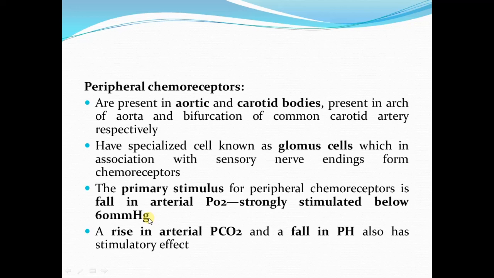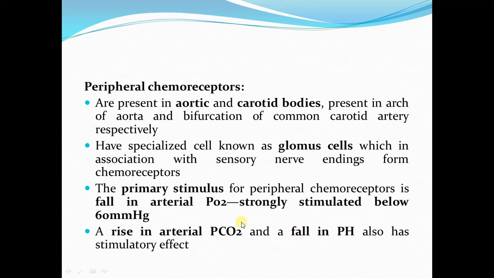This fall is not the only stimulus for the peripheral chemoreceptors. Remember that peripheral chemoreceptors are also stimulated by an increase in partial pressure of carbon dioxide in the arterial blood, and by a fall in the pH of the arterial blood.